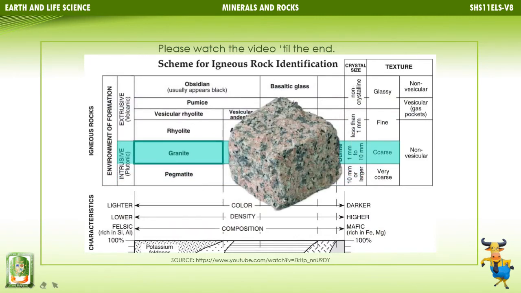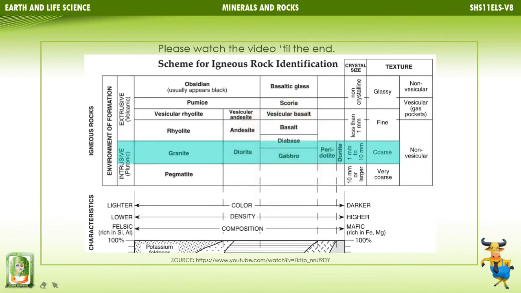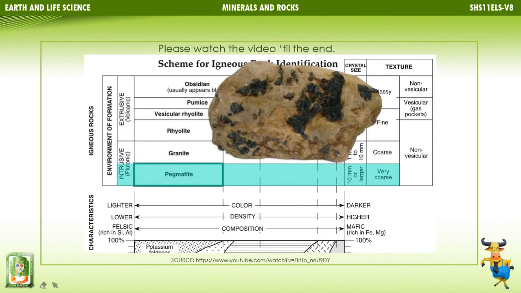Notice how the crystals are much larger and clearly visible with the naked eye. Sometimes, if the magma cools very slowly, the crystals will grow even larger, over 10 millimeters in size, like this sample of pegmatite. Notice those large biotite crystals.